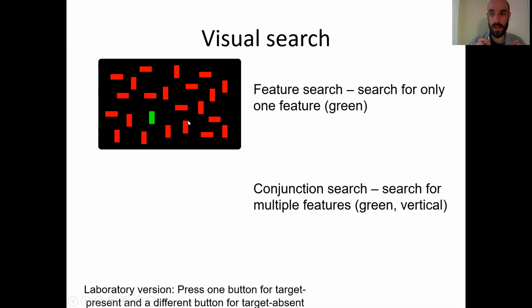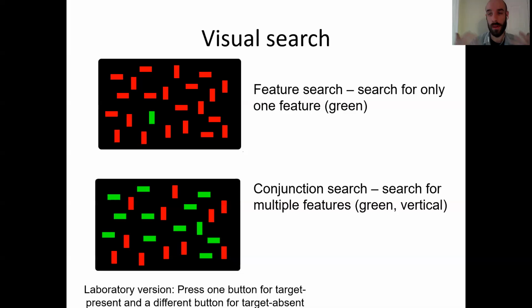So if there is one feature that can be used to tell the difference between the target and the distractor, that is called feature search, sometimes also called pop-out search because it kind of pops out at you. And then conjunction search is when you have more than one. So if you have two or more features that you have to use to find the target, that's considered conjunction search. It is a conjunction of multiple features is one way to remember that.